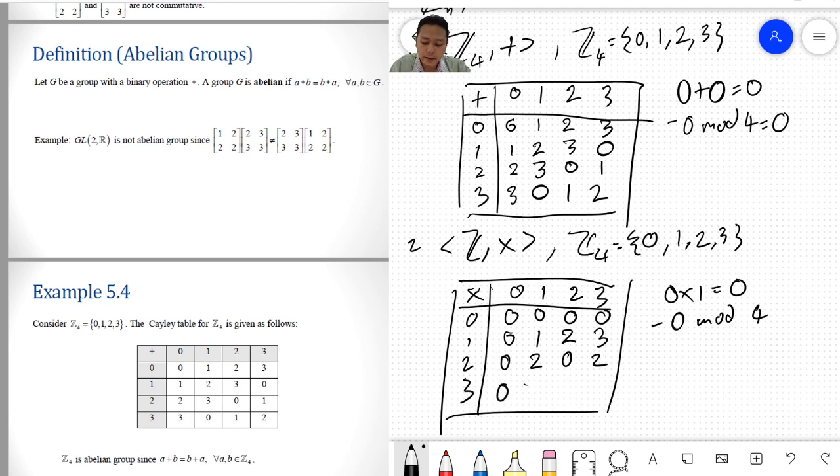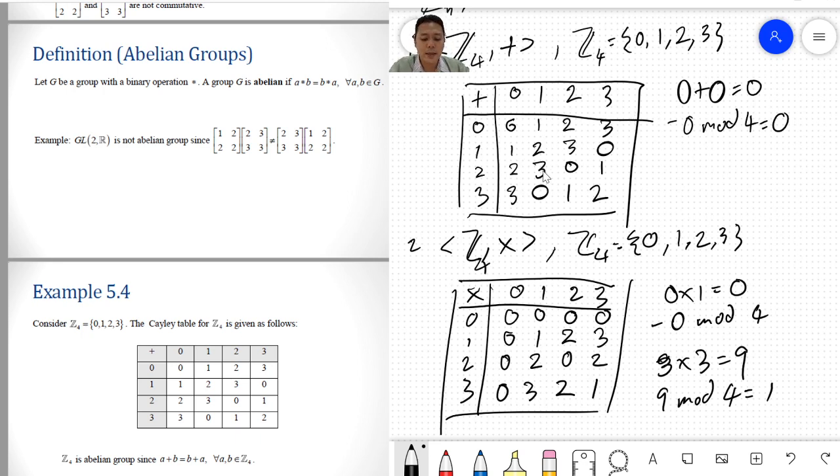Then 0 here, 3, 2, and 3 times 3, sorry, is 9, and 9 mod 4 is 1 here. This is the basic way of developing the Cayley table for the case of Zn.